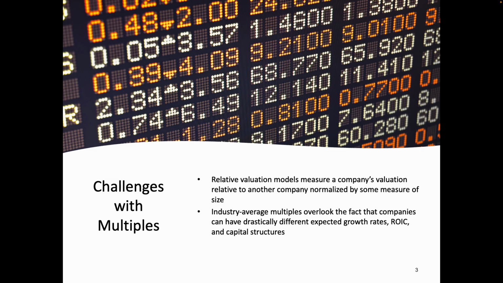And then finally, I got to worry if companies have drastically different capital structures, because capital structures affect PE, right? And even though PE, price to earnings, is one of the most commonly used multiples, it's one of the hardest to explain, because PE is based on net income. Net income is GAAP income, which means it has non-cash items in it.